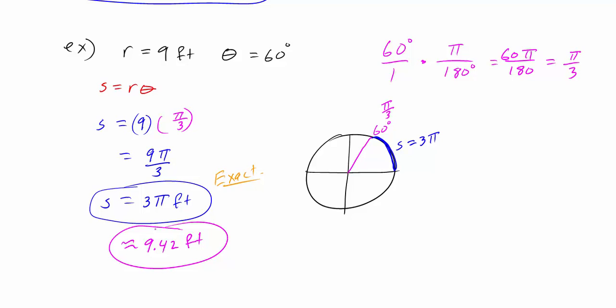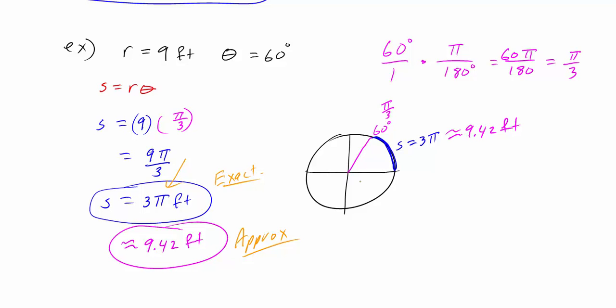So this is almost 9.5 feet. So this is approximately 9.42 feet, and this would be what we call an approximate answer. So anytime the book or the question says give the exact answer, then most likely that means we're going to leave it in terms of pi. And if they want an approximation, then we're going to actually multiply this out into a decimal format.